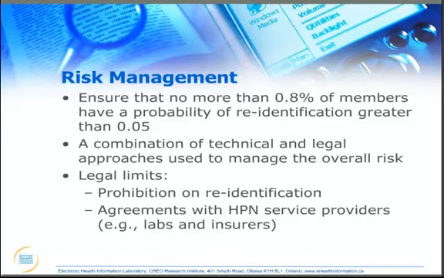So the claims data set had three components. The basic information about the members, so age and sex, were the main variables that could be used for re-identification.